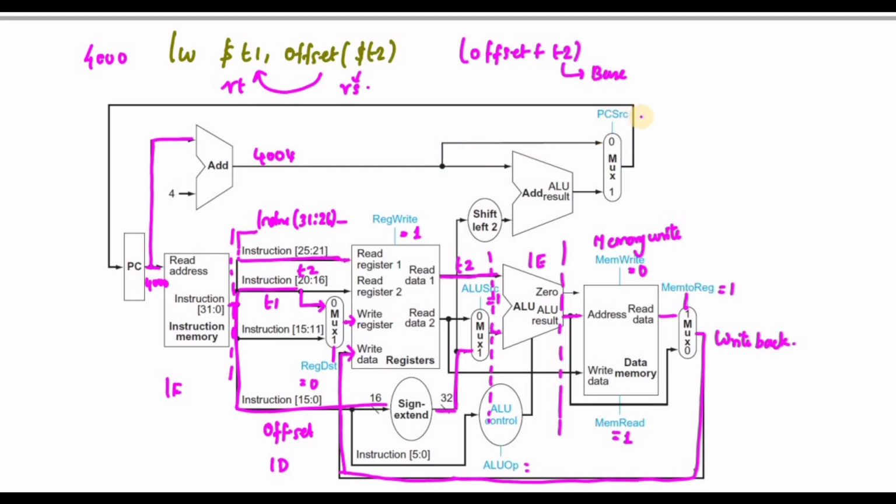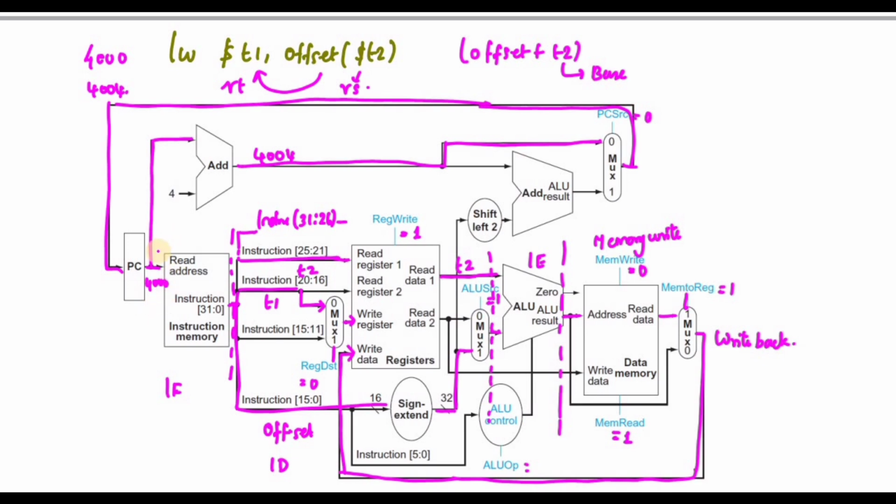The mux PCSrc must be equal to 0, so it will go here and fetch the next instruction at 4004. This is how load word works.